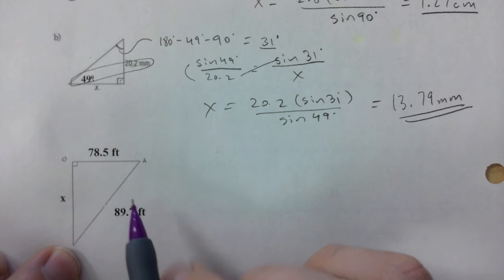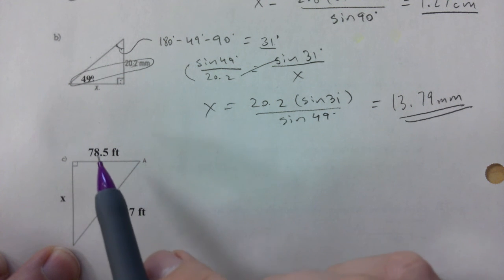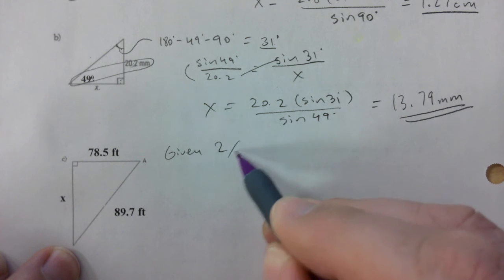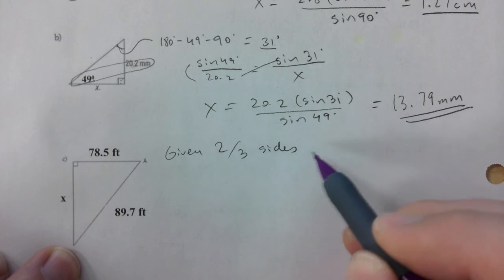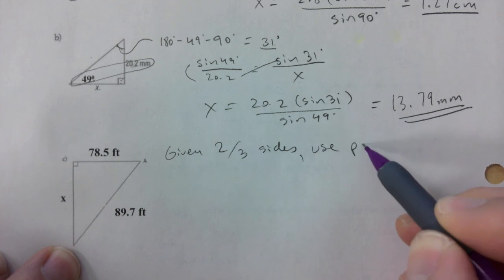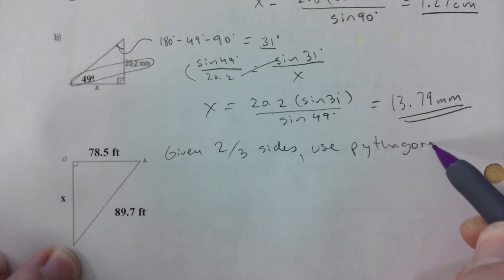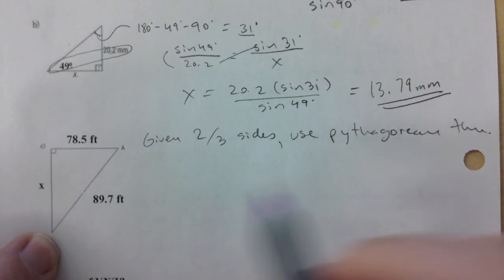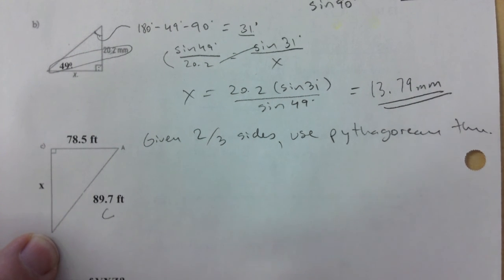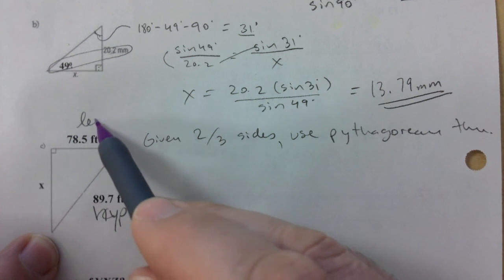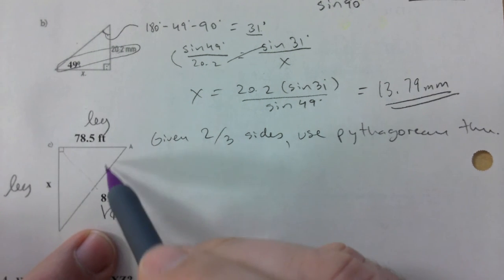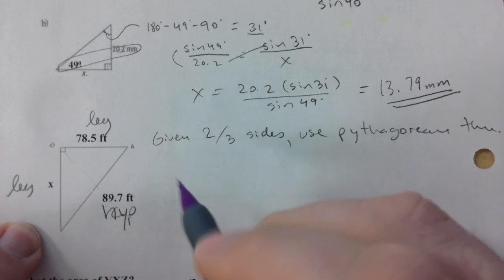Here, use Pythagorean theorem, because you're given 2 out of 3 sides. So this is C for me, or a hypotenuse, I should say. This is a leg, and this is another leg. Hypotenuse is always across the 90. So there's 2 legs and a hypotenuse.